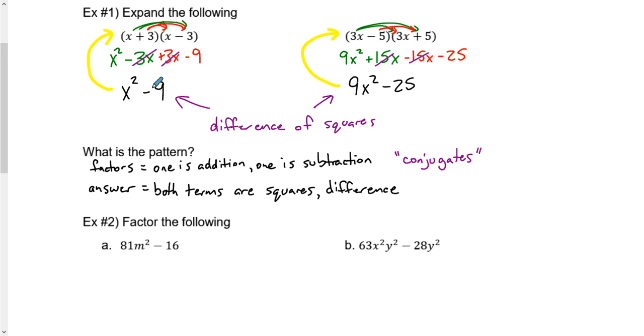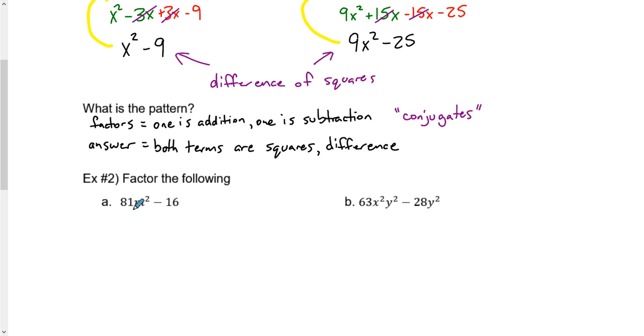For x squared minus 9, the square root of x squared is x. The square root of 9 is 3. One's addition, one's subtraction. The square root of 9x squared is 3x. The square root of 25 is 5. One's subtraction, one's addition.